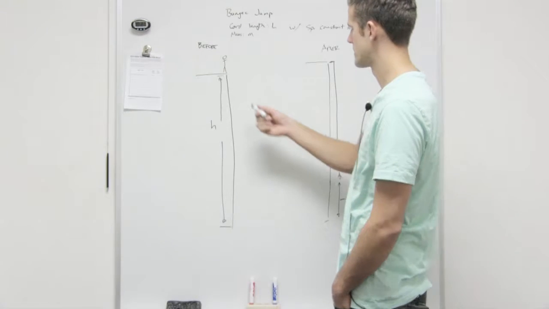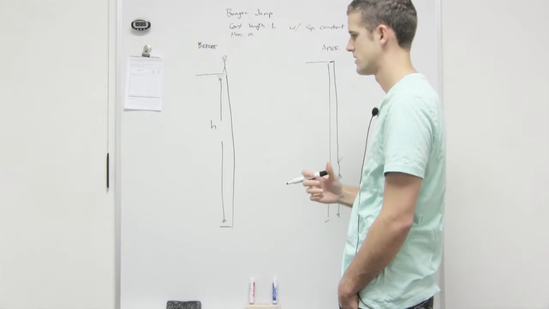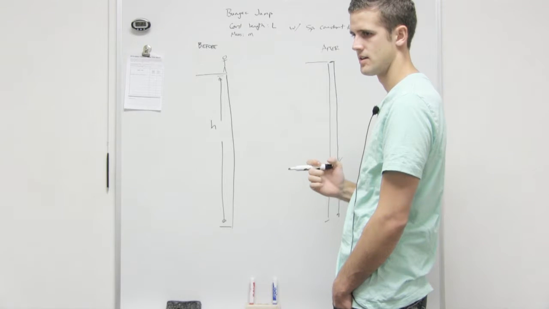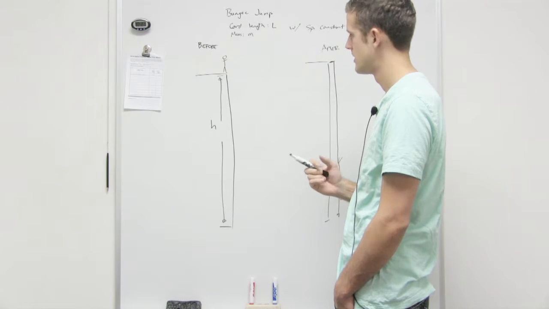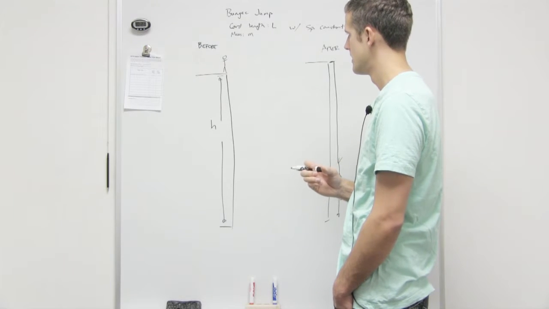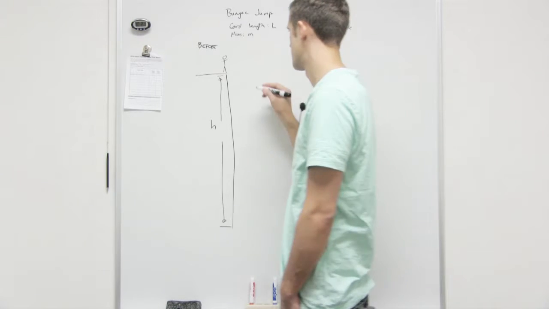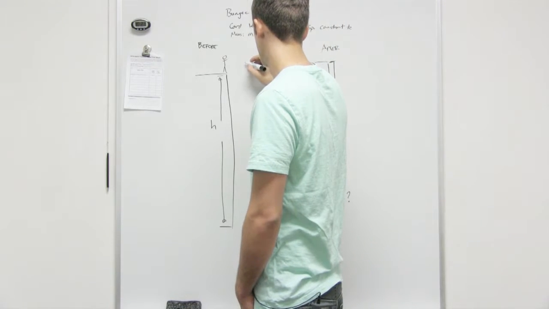So right here, what's the energy that she has? Just gravitational potential energy. So what's the equation for that?